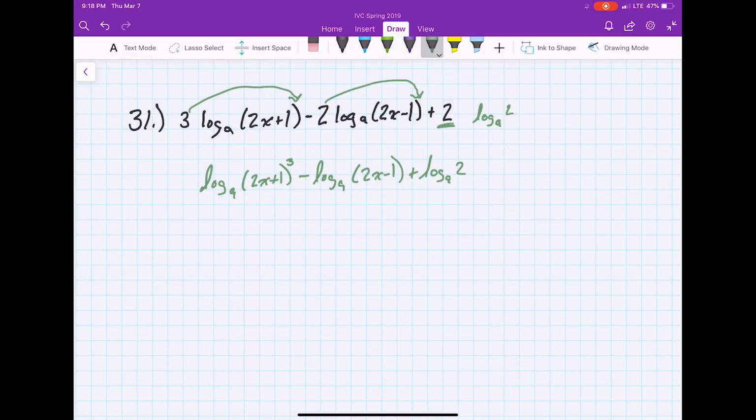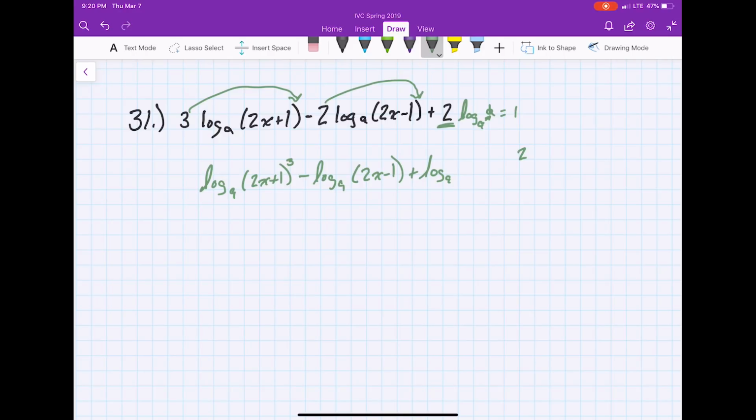I don't think that's technically how that works. I think that 2, let me see. Log A of A would be 1. I think this is log A of A, and that 2 is technically the exponent of A. So log A of A would be 1, so we wouldn't put the 1 here.